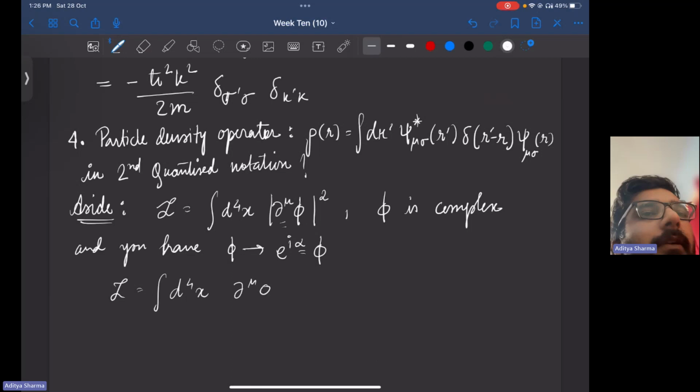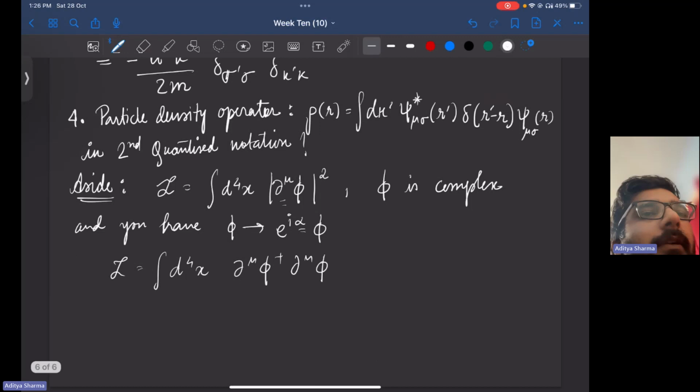So the Lagrangian changes to, I'm going to get a minus i alpha d mu phi dagger d mu phi or i alpha. This and this are constants, so they are going to cancel, and this changes into the same Lagrangian.